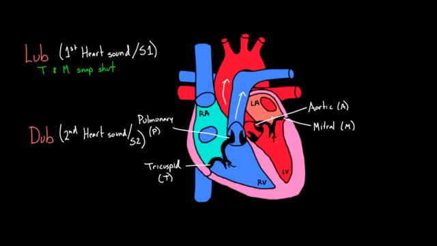But you also know that if that's what's making noise, you can kind of guess, and it's a very smart guess, that at the same time, the pulmonic valve and the aortic valve just opened. So if the other valves snap shut, these just opened, right? You can kind of assume that, although the noise you're hearing is actually from here. So what's happening with dub? Well, the opposite. And what I mean by that is, let me now show you what happens a moment later.